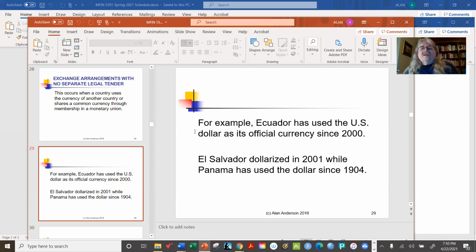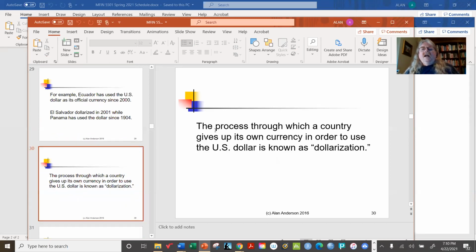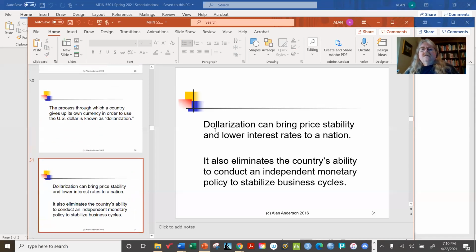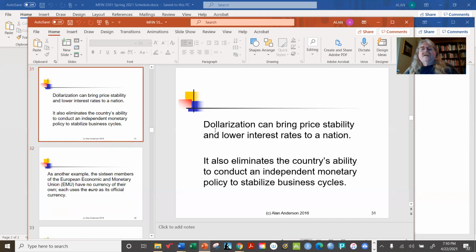And it would also help reduce the rate of inflation and interest rates to levels much closer to the United States. Dollarization doesn't happen very often, but when it does, it can often bring price stability to a nation, but it also means that the central bank gives up the opportunity to use monetary policy.